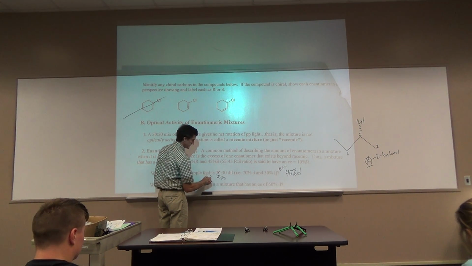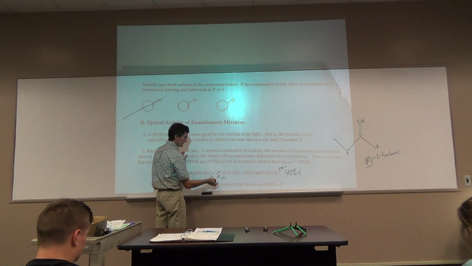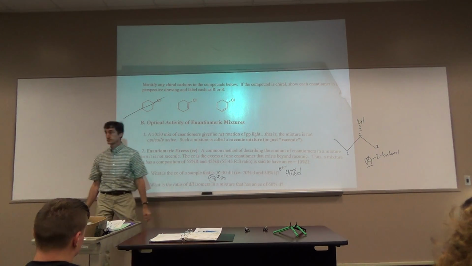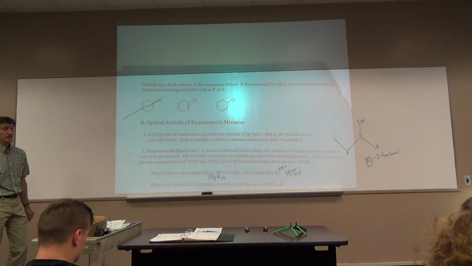And you're left with what? It's just numbers here. It's what you're left with: 40% of the greater one, 40% of D. That's the EE.